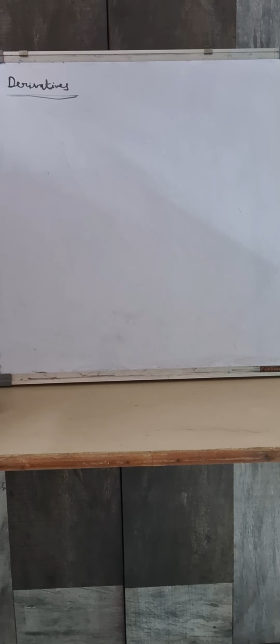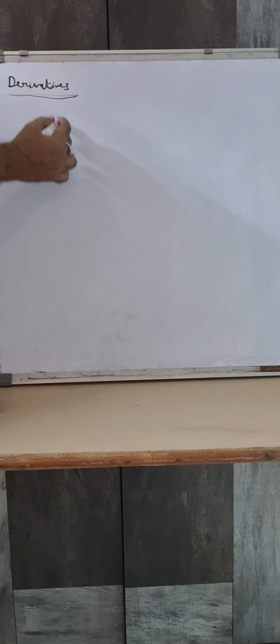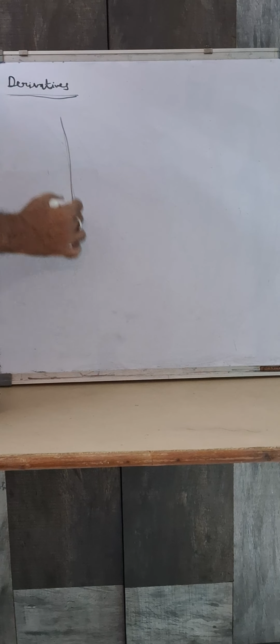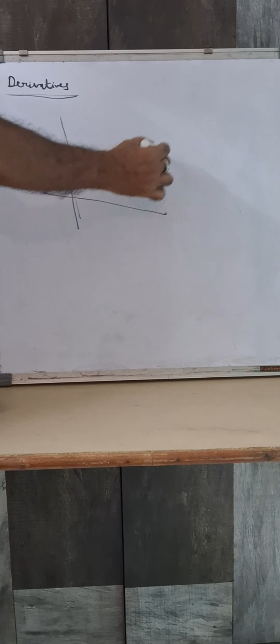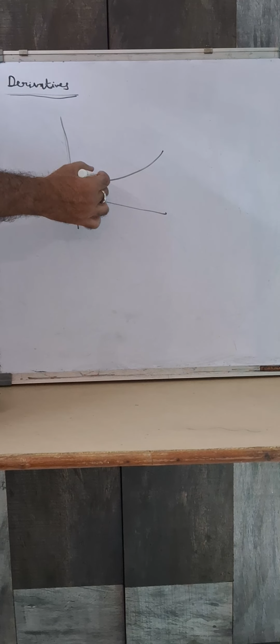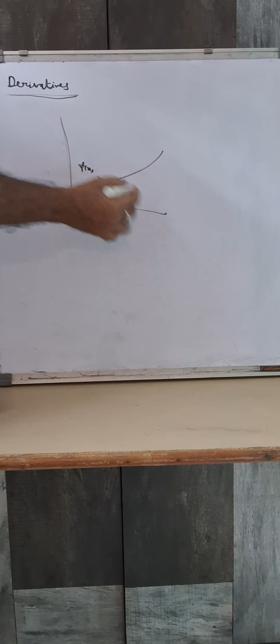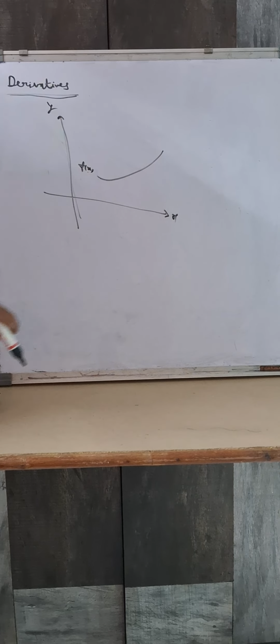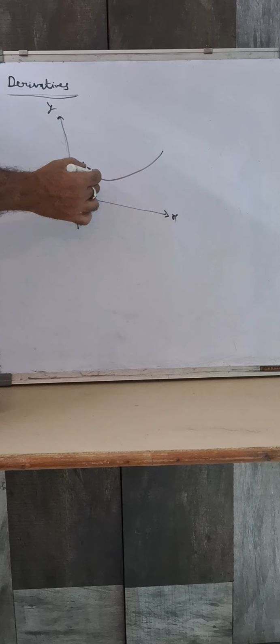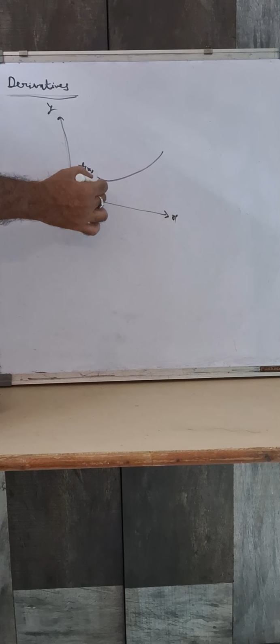Now we understand the geometric interpretation of it. The function has a graph such that it is the function f(x). This is the x coordinate, this is the y coordinate. Here is a point a, whose value will be f(a).